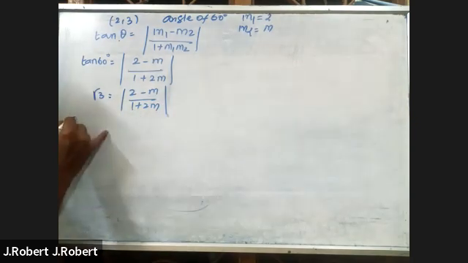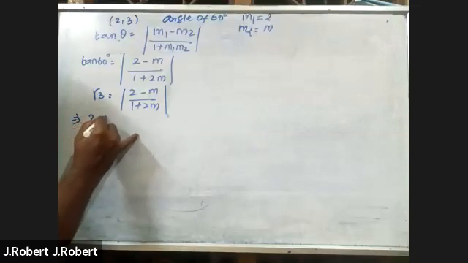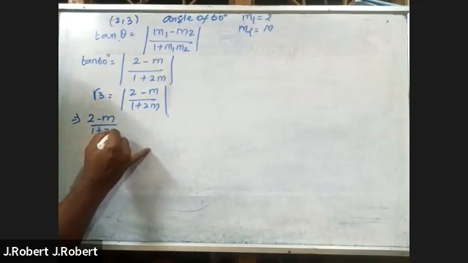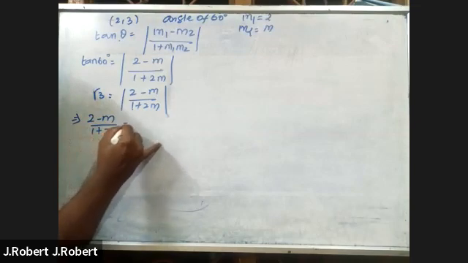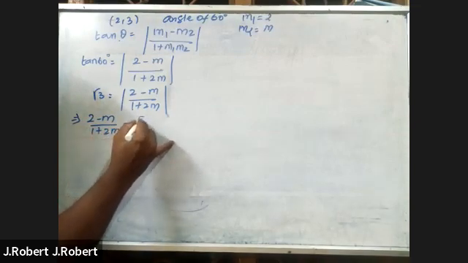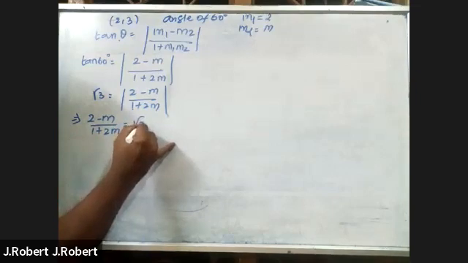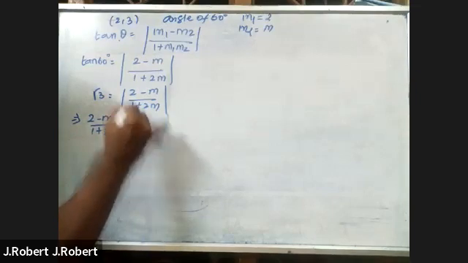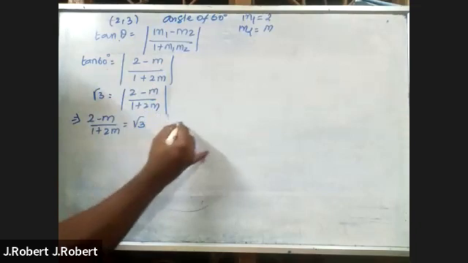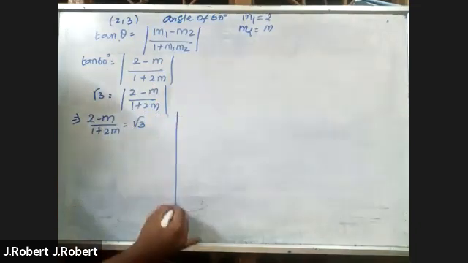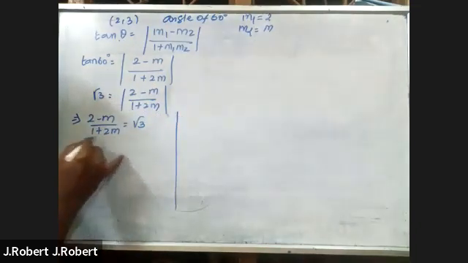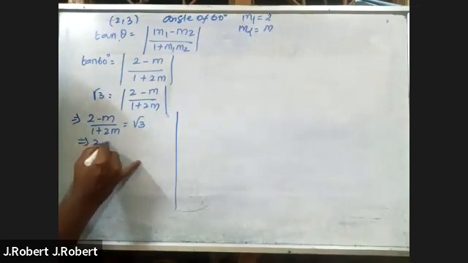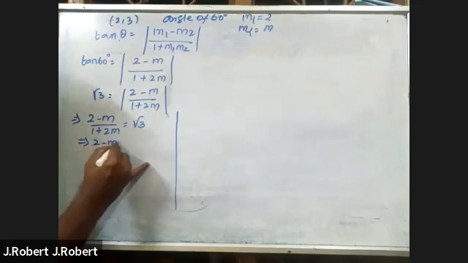In the first case, 2 minus m divided by 1 plus 2m, so 2 minus m equals root 3 plus 2 root 3 m.